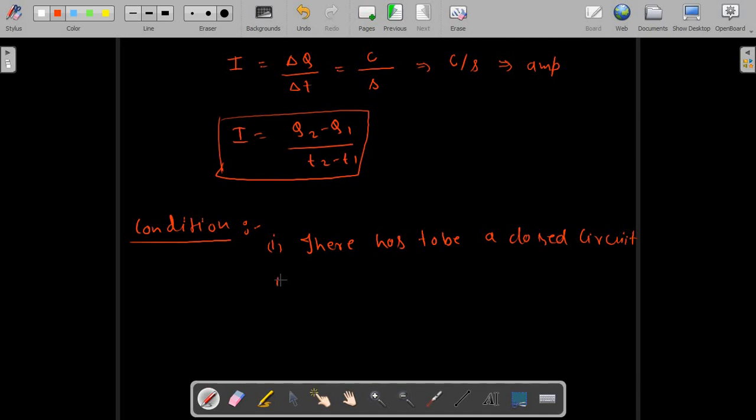What is the second condition? There has to be a potential difference.